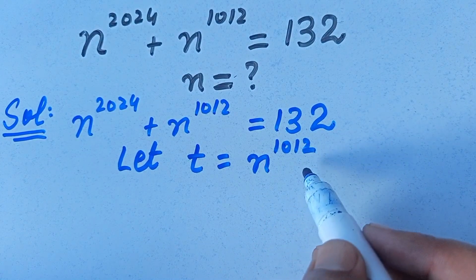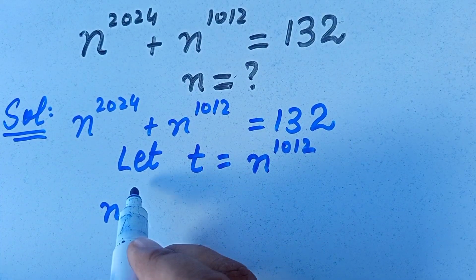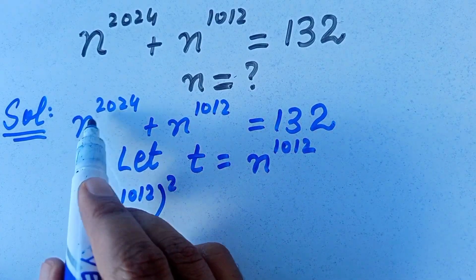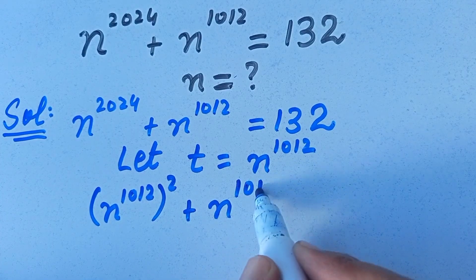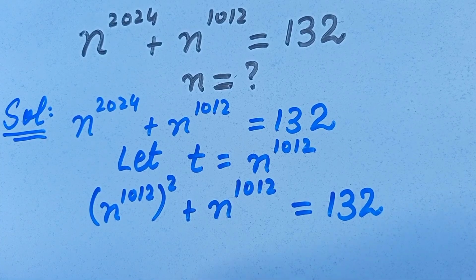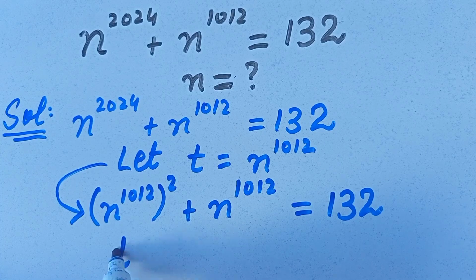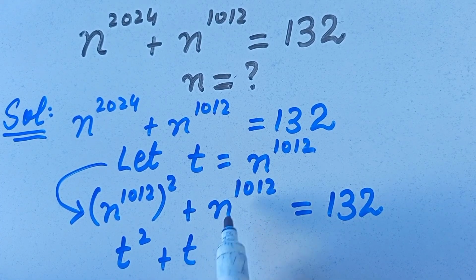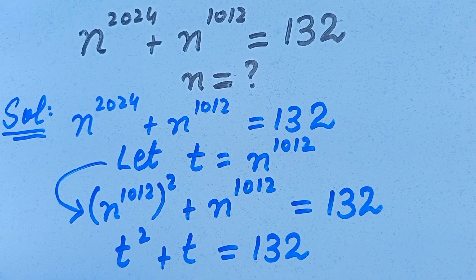We are shifting n to the t variable, so we can write the first term of the question, n^2024, as (n^1012)^2. The second and third terms stay as they are. Replacing with t, we can write t squared plus t equals 132 on the right hand side.